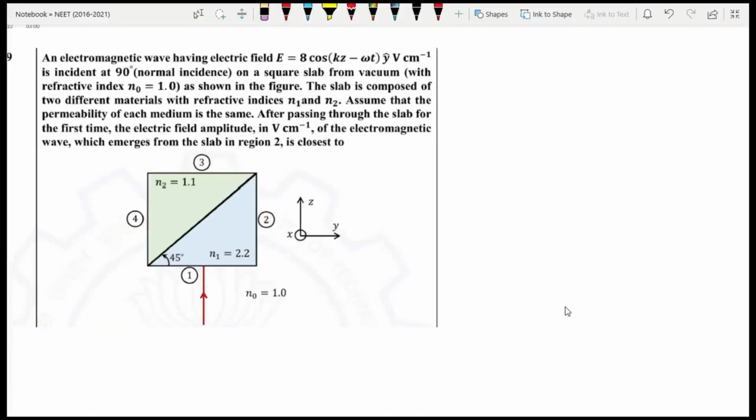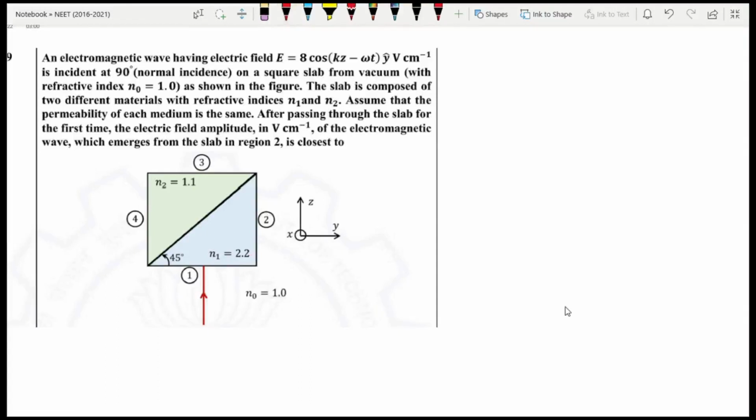In this question, they have taken a square slab that is divided into two equal halves. Okay, and that division makes an angle of 45 degree. One side of the medium is filled with a refractive index of 2.2 and the other side has a refractive index of 1.1.